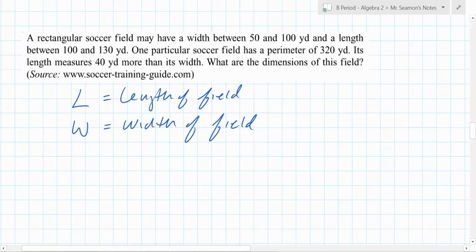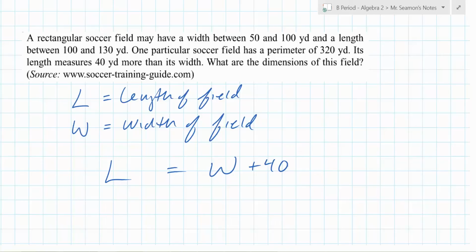So there's going to be an L and a W, but where do you put the 40? On the other side. Remember, we did this wrong before. So this time the length correlates to equals. The length is 40 plus W.